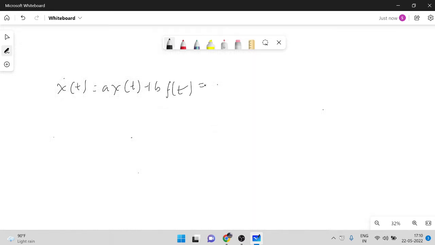You solve this particular ODE and you get x of t equals x0 e power At plus integral 0 to t e power A times (t minus tau) B u of tau d tau.